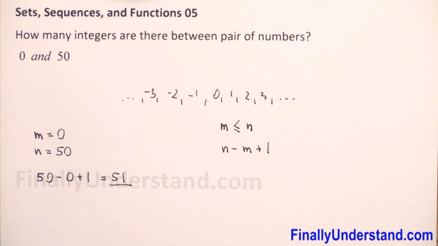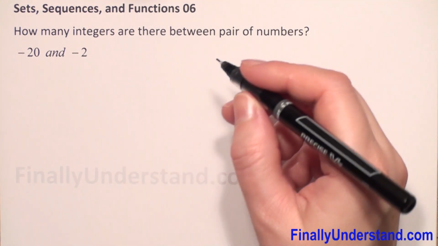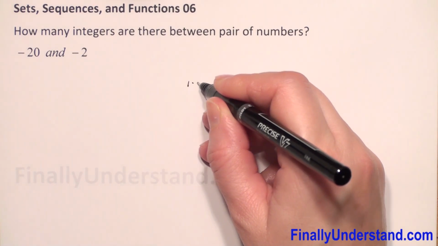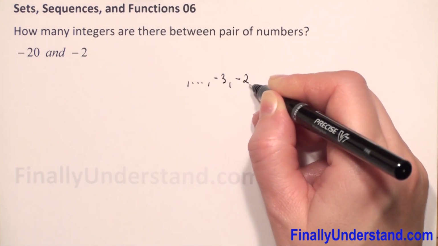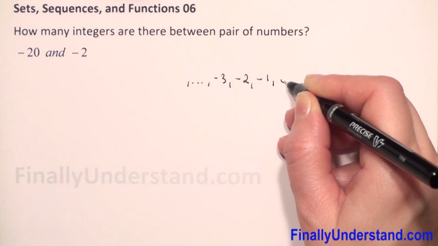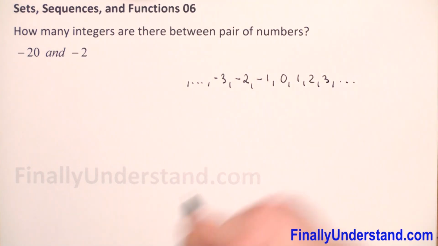This is my solution. We have to find how many integers we have between -20 and -2. First, what does the word integers mean? It is one of the numbers in the list from negative infinity: -3, -2, -1, 0, 1, 2, 3, and so on.